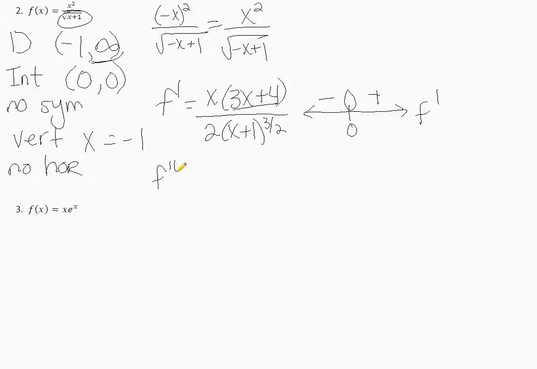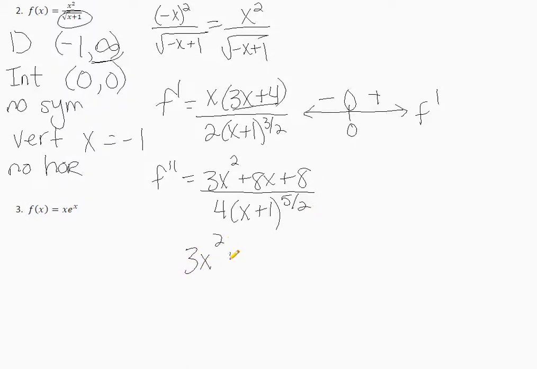The second derivative comes out to be the quadratic in the numerator, and that is your denominator. I want to set the numerator equal to 0 to figure out if I have an inflection point. When you set this quadratic to 0, it gives me imaginaries, so I don't have any points of inflection.